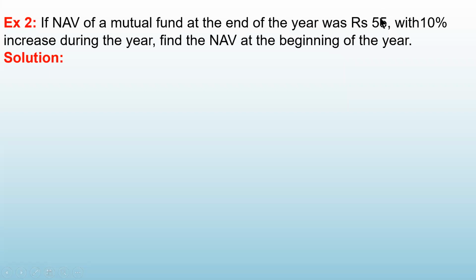End of the period में दिया है आपको 55. So what is given to you here? NAV at the end of the period is 55. And how much was the increase? 10% increase. And you have to find out what is the NAV at the beginning of the period.